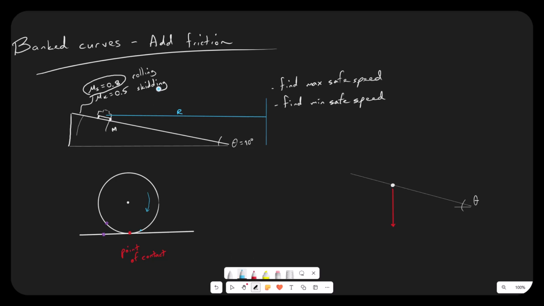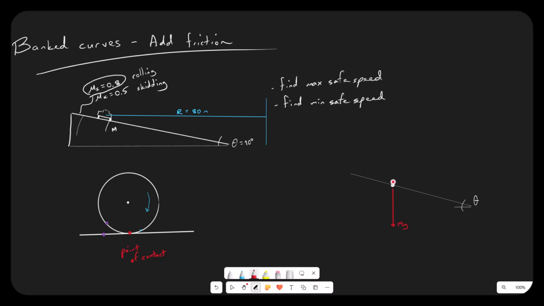And we're going to make our radius a little bit more realistic than last time. So let's make this thing 100 meters. Maybe not 100. Let's go 80 meters.